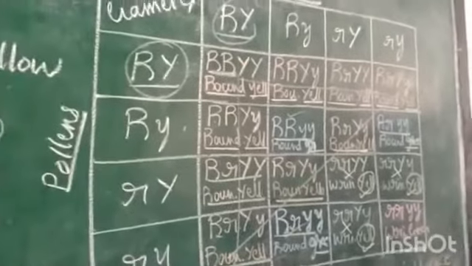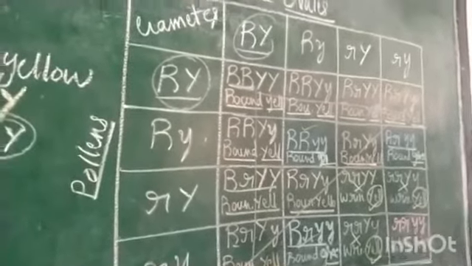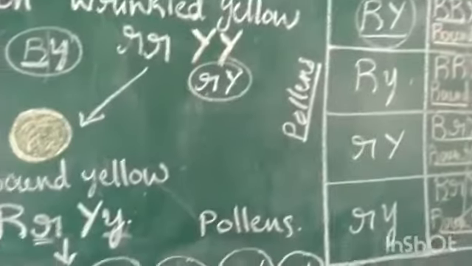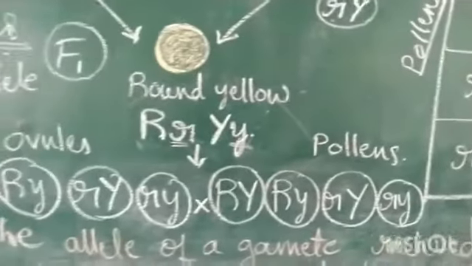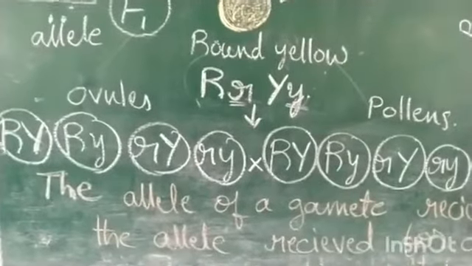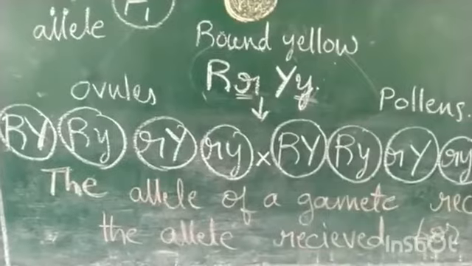Here is the checkerboard, which gives us the details of the 4 types of plants we obtain, and he concludes after this experiment and tells about the law of independent assortment.